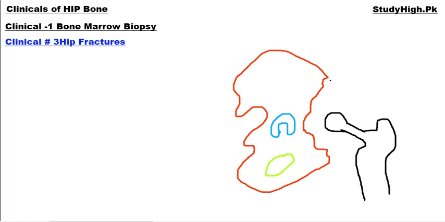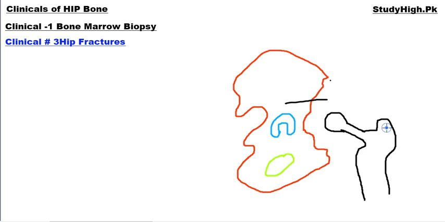So just assume this is your femur, this is the head of your femur bone, the largest bone of the body, that articulates with the acetabulum of the hip bone and is involved in formation of the hip joint. The most common site of fracture is the neck of this femur bone because it is the narrowest and weakest part of the femur.